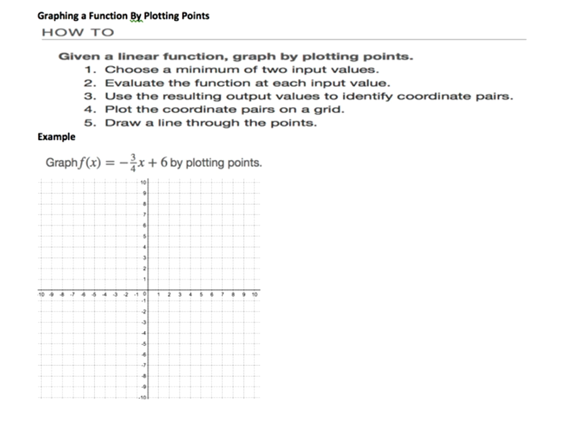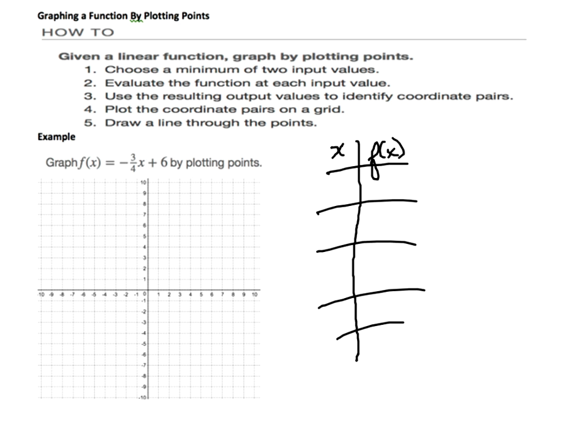Okay, how to graph a linear function by plotting points. In other words, you're going to just create an f of x table here. So x, f of x. Just going to choose 5 input values.